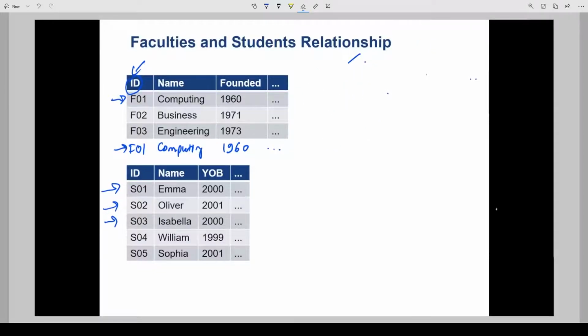So it means that we cannot put the column into the faculty table. How about this? We put the column into the student table. So let's see that in here I have a faculty ID column in here. Okay, so let's go.